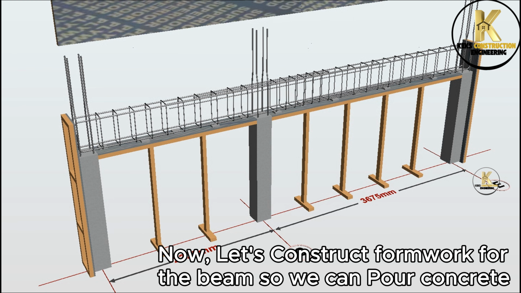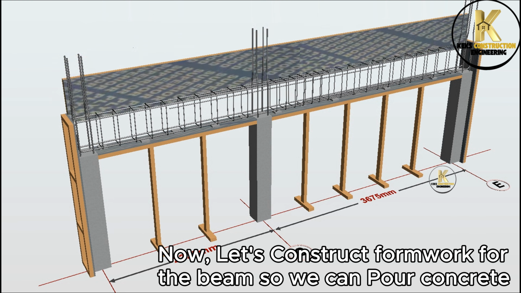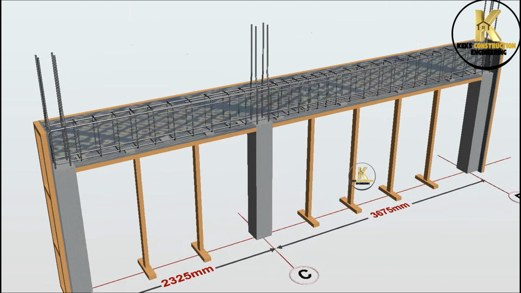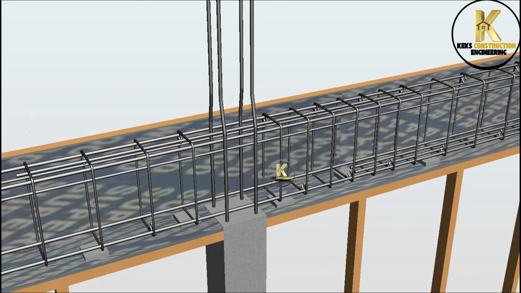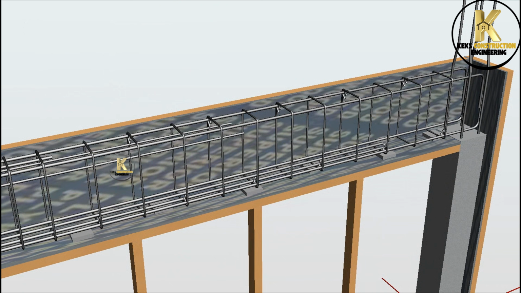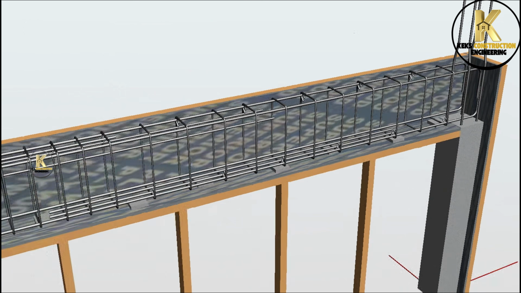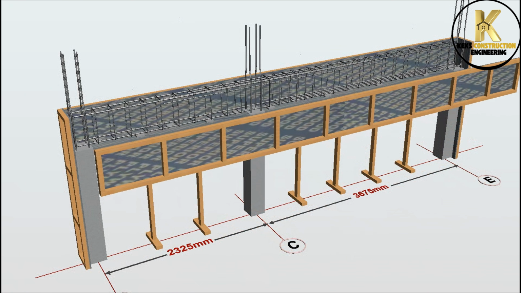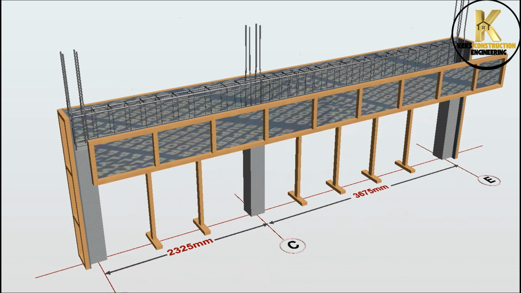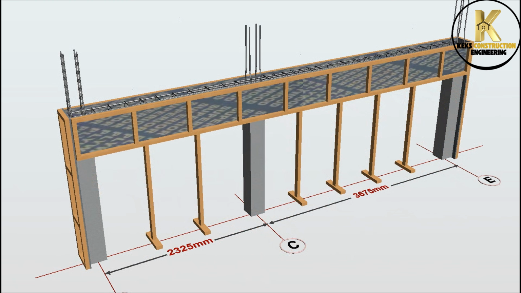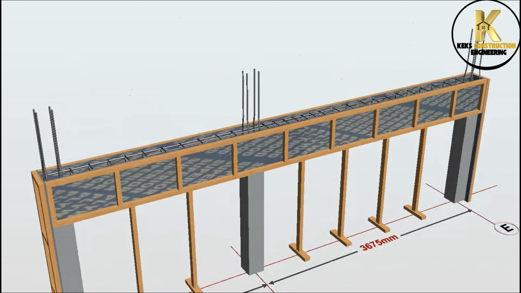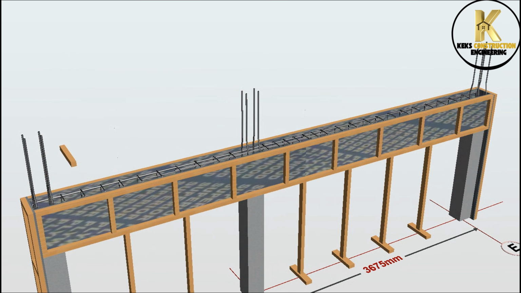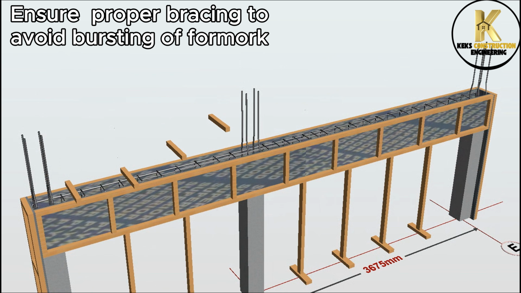Now, let's construct formwork for the beam so we can pour concrete. Ensure you do proper inspection of the rebars before covering it fully with formwork. Ensure proper bracing to avoid bursting of formwork.